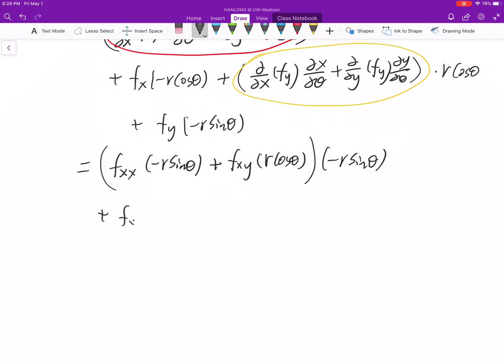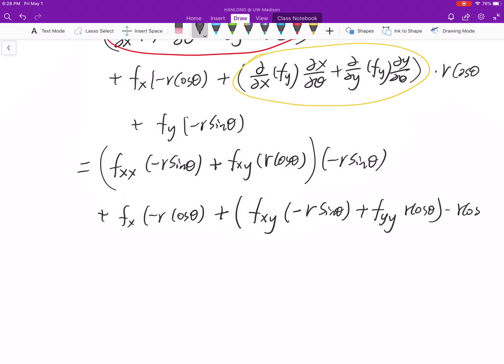And plus fx negative r cosine theta, plus here fxy partial x partial theta is negative r sine theta, and the fyy r cosine theta times r cosine theta.